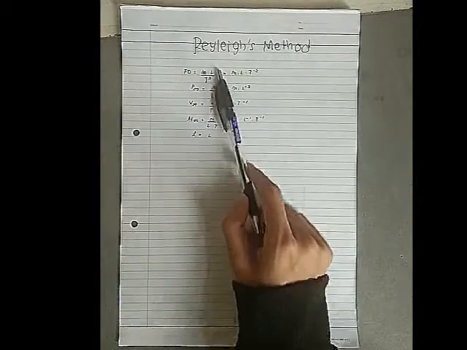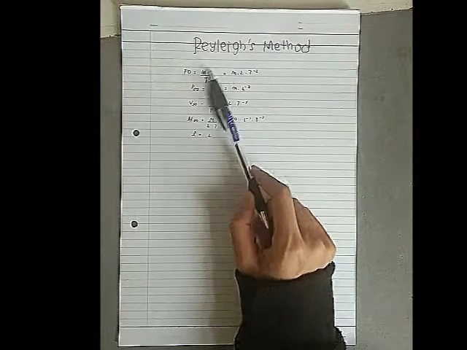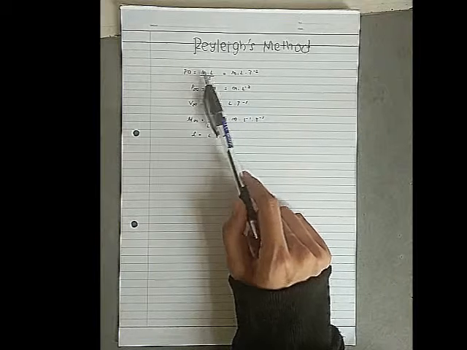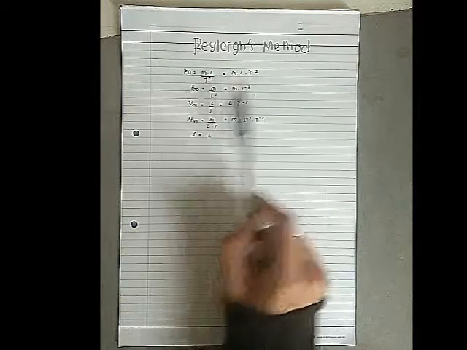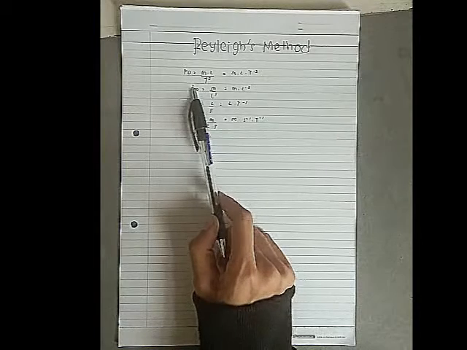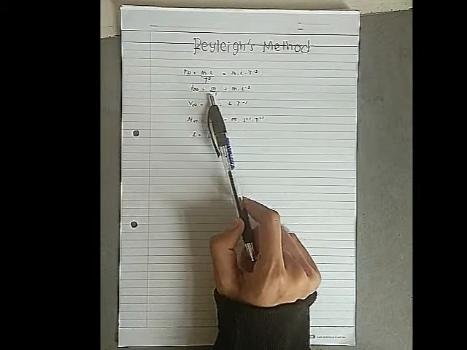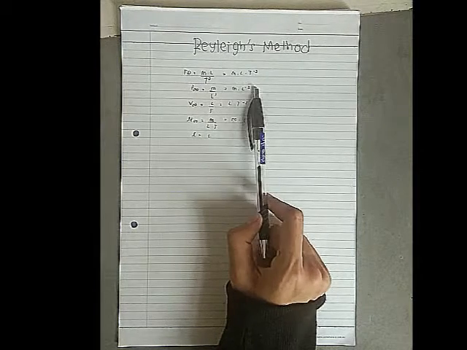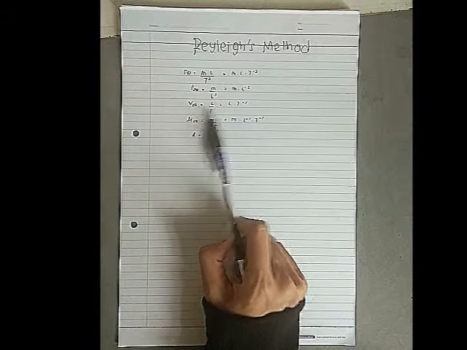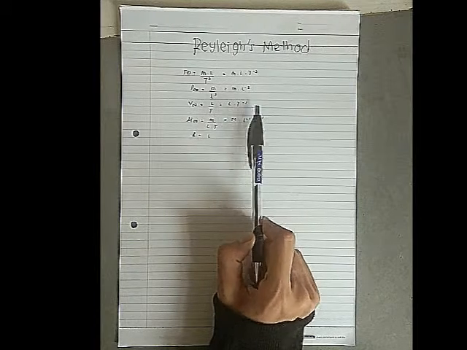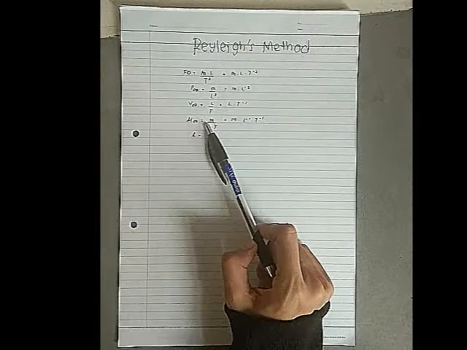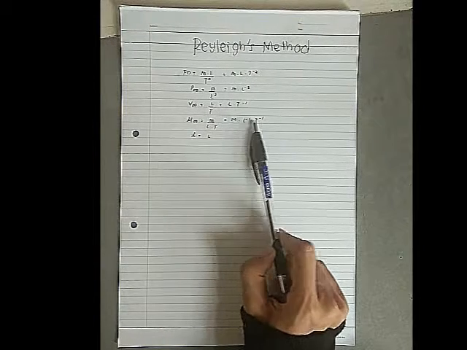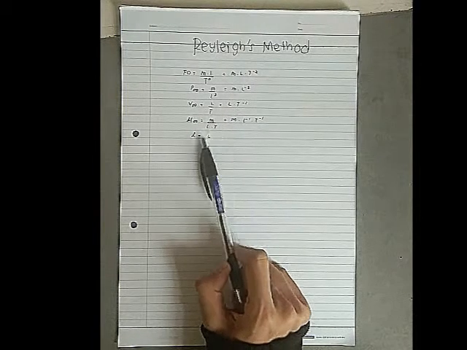The dimension of force is mass times length over time squared. For density, it is mass over length cubed. Velocity is length over time. Viscosity is mass over length times time, and length is only length.